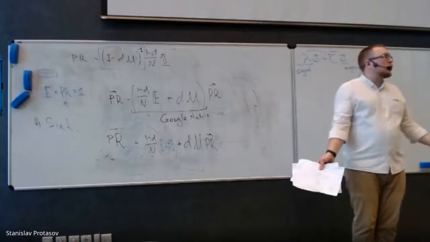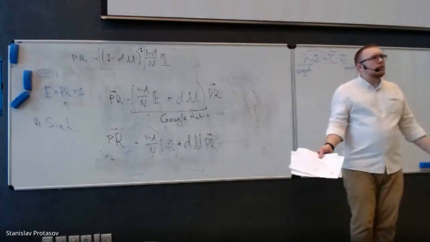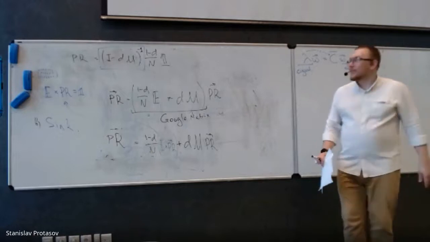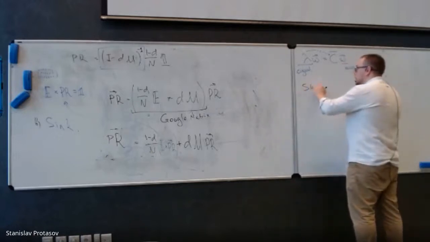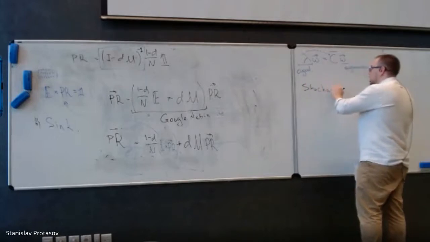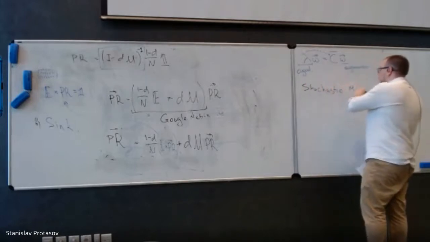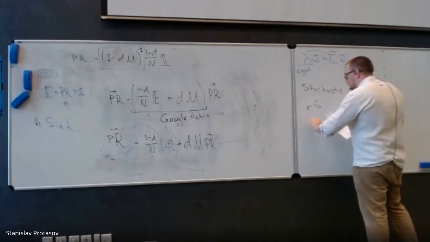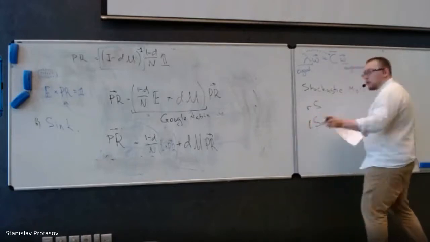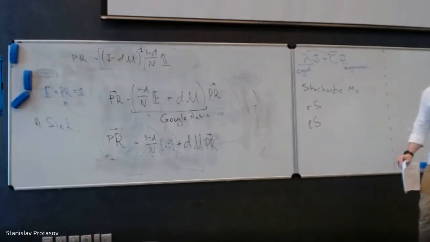If you remember the EM algorithm, we didn't cover it, so no problem. So, stochastic matrices. There are right stochastic and left stochastic matrices, depending on what should sum up to one, either rows or columns.